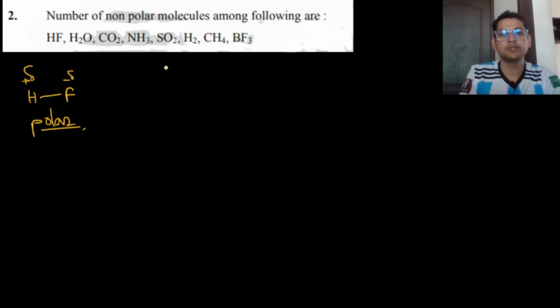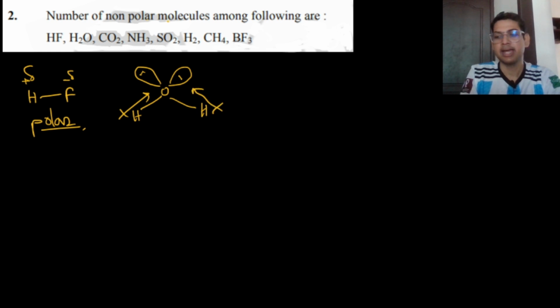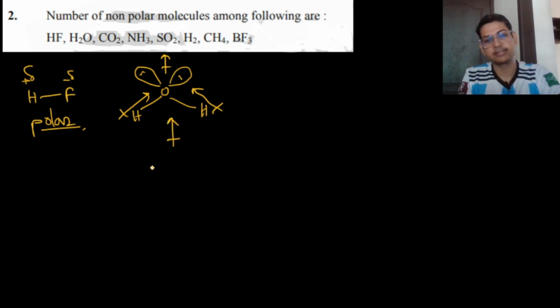H2O is sp3 hybridization with two lone pairs like this. The dipole moments of the bonds are like this, and the lone pairs' dipole moments are like this. So overall the dipole moment is like this. Definitely, this is also polar.